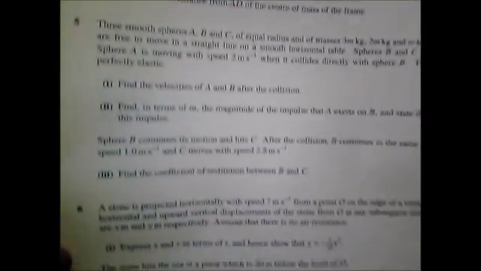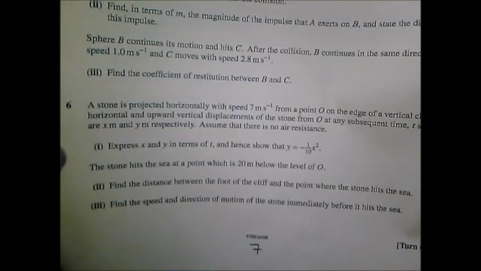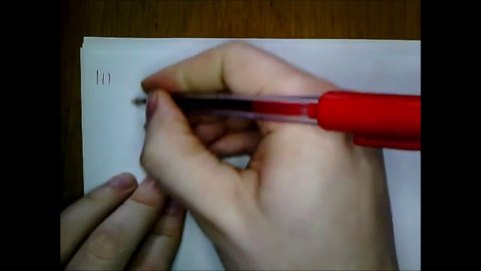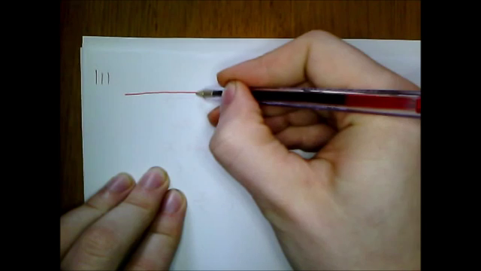Okay, part 3 now. We are now being asked to find the speed and direction of the motion of the stone immediately before it hits the sea. At the point where it hits the sea, there's going to be a horizontal speed, which we conveniently already know because this is not changing.